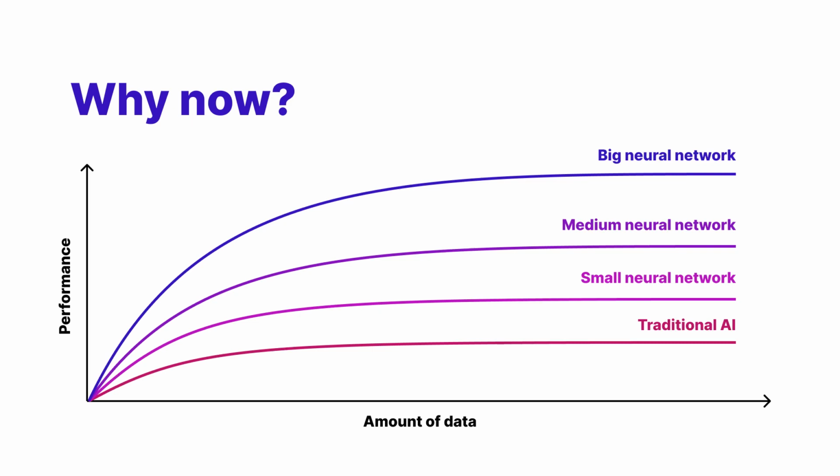As we've discussed, there are several types of artificial intelligence, and the previous generation of AI stopped growing after some amount of data. So no matter how much data you feed a traditional artificial intelligence, it will not develop further. Unlike neural networks: when neural networks emerged, they managed to develop significantly with a bigger amount of data.